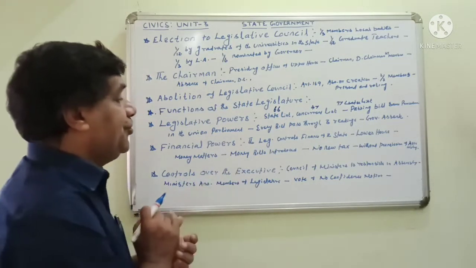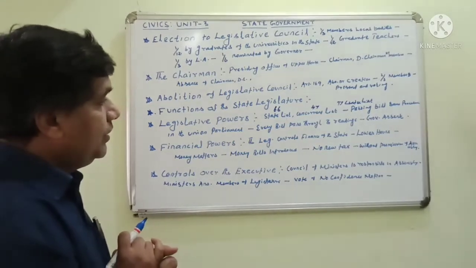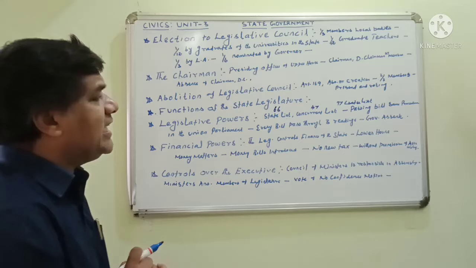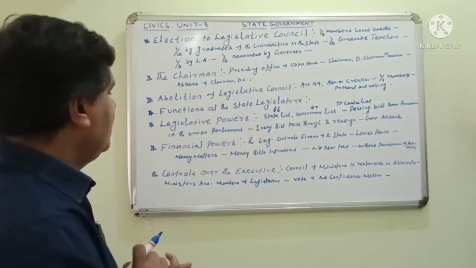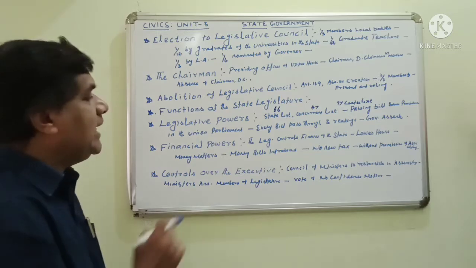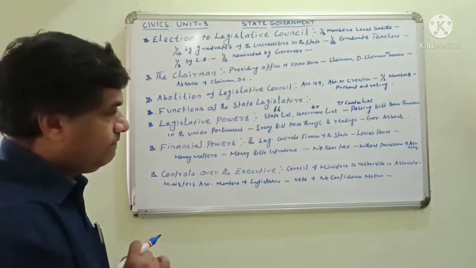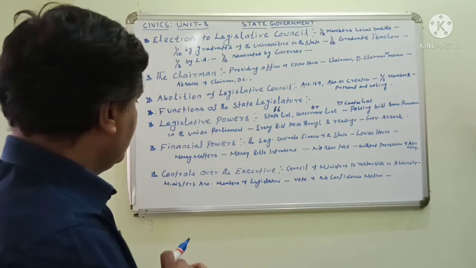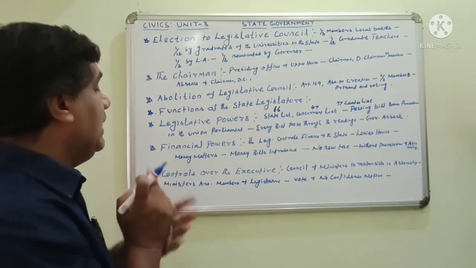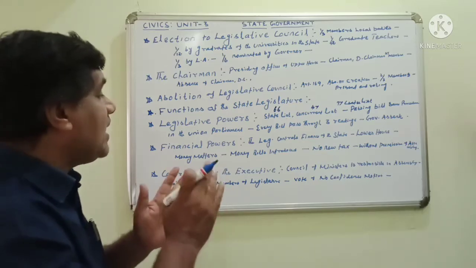Control over the executive. The Council of Ministers is responsible to the assembly. The Council of Ministers is headed by the Chief Minister in the state. The ministers are answerable if the members of the legislature ask any question.